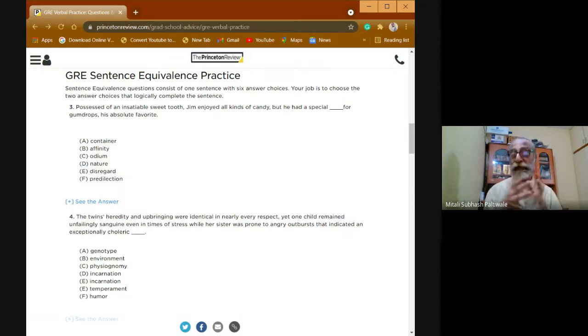It means rebirth. Then this is temperament. Temperament is again the behavior, the character, the personality. It is the mental status of a person. And the last one says humor.